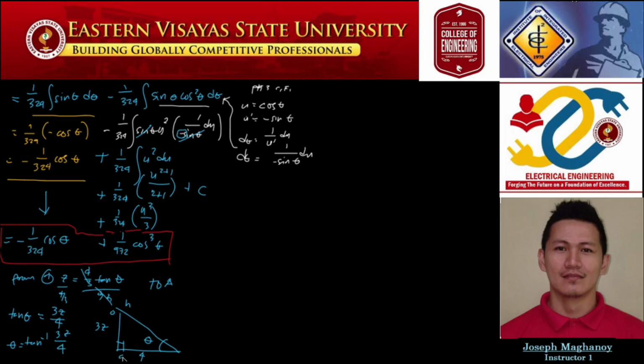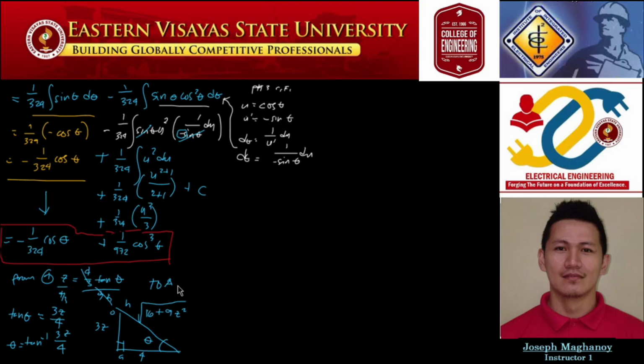So we just use the Pythagorean theorem. The power squared of 4 is 16, plus the square of 3z, that is 9z squared. Of course, the square root of 16 plus 9z squared is your hypotenuse.